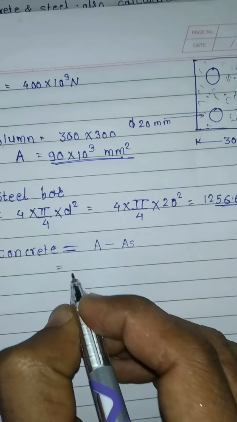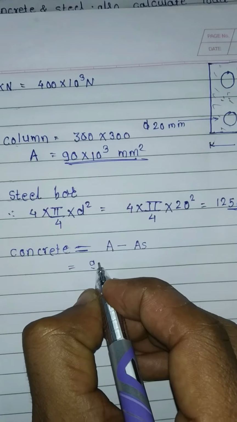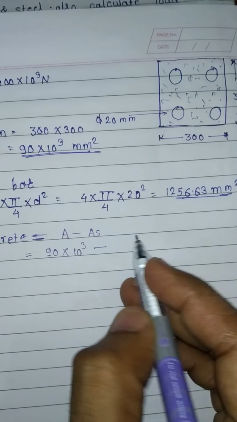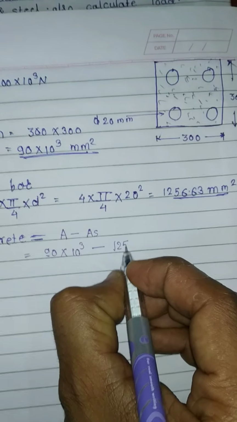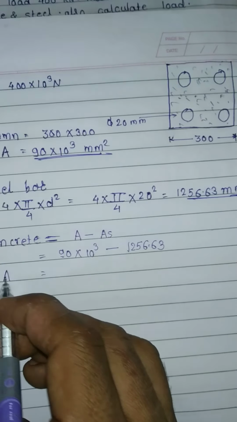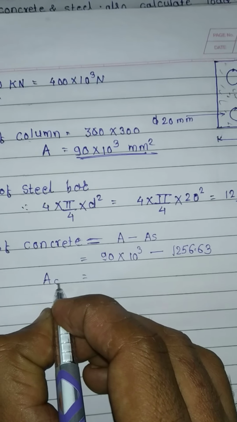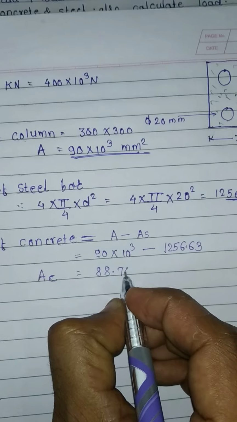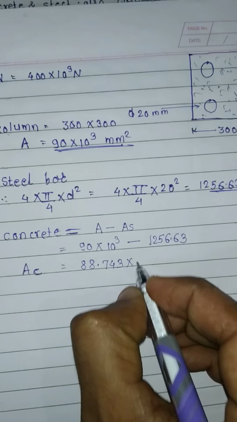Putting the values: area of column is 90 into 10 raised to 3 minus area of steel 1256.63. We find the area of concrete, Ac, is equal to 88.743 into 10 raised to 3 mm square.